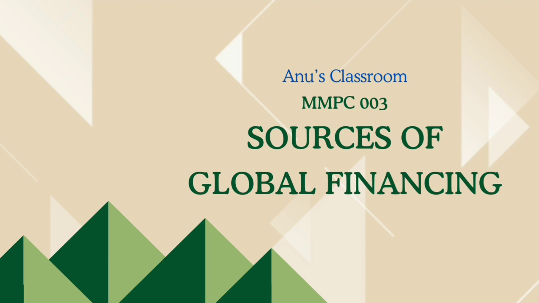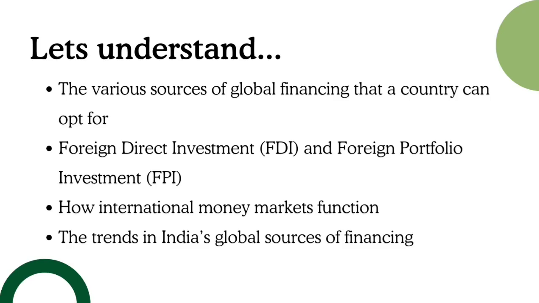In this unit of MMPC 3, we will make you familiar with the various sources of global financing that a country can opt for while it is engaging in cross-border trading. As such, we will understand foreign direct investments and foreign portfolio investment, how international money markets function, and what the trends in India's global sources of financing are as well.